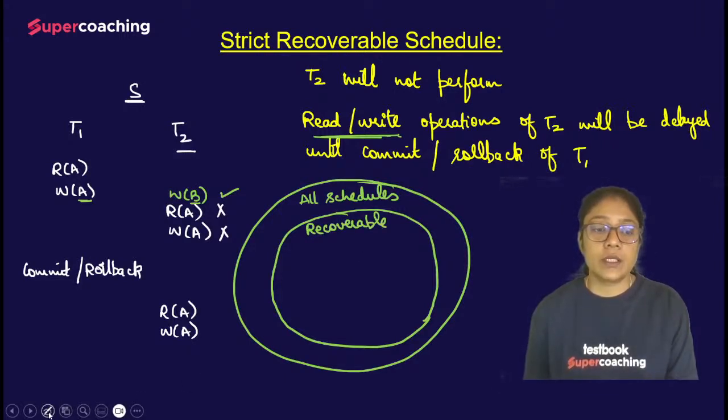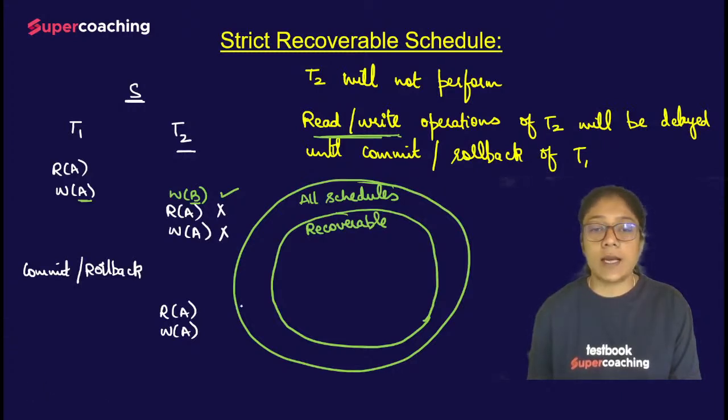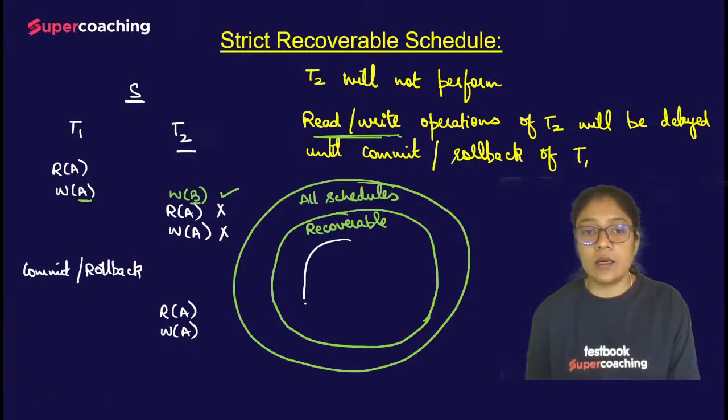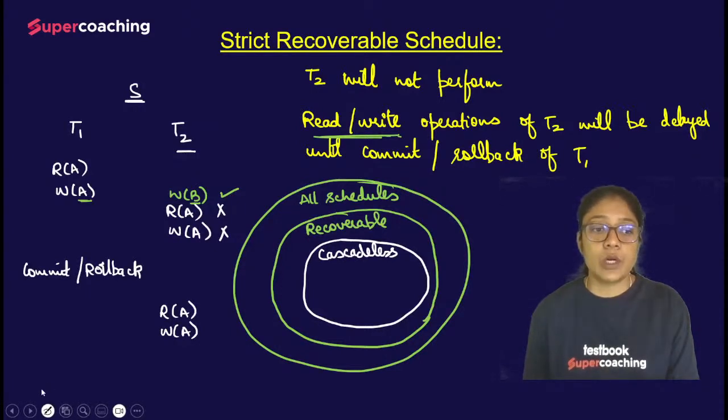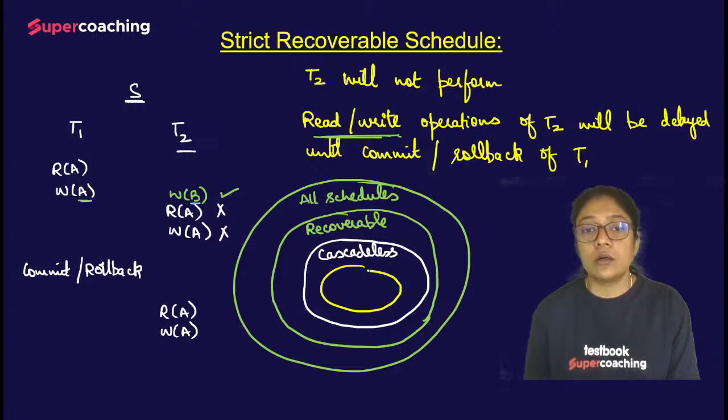Under the recoverable schedules, we have put a limitation that the read operation will be delayed until the commit, and that results into the cascadeless recoverable. And then again we have put a condition that neither read nor write operation will be performed on the same data item until the transaction gets committed, which is known as strict recoverable.